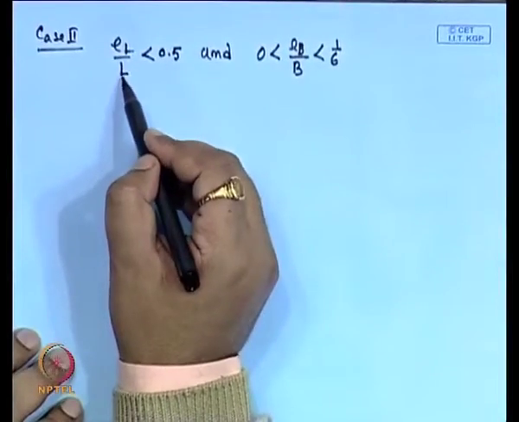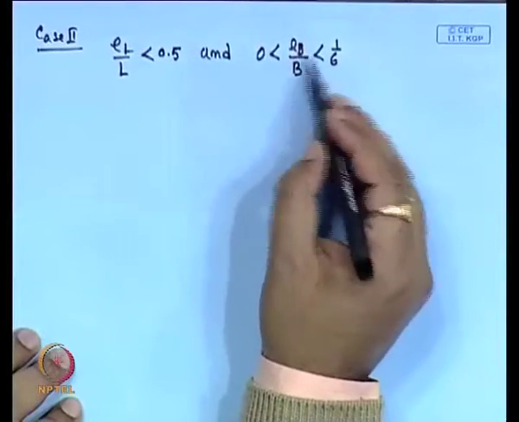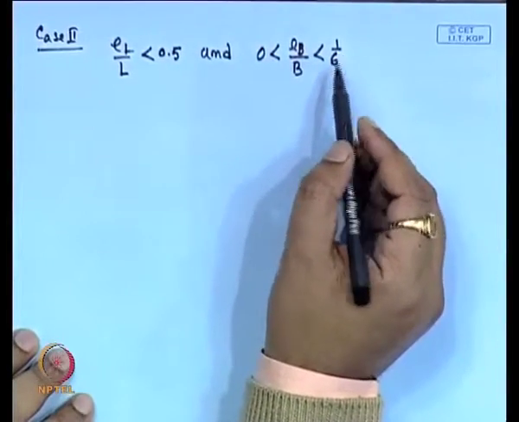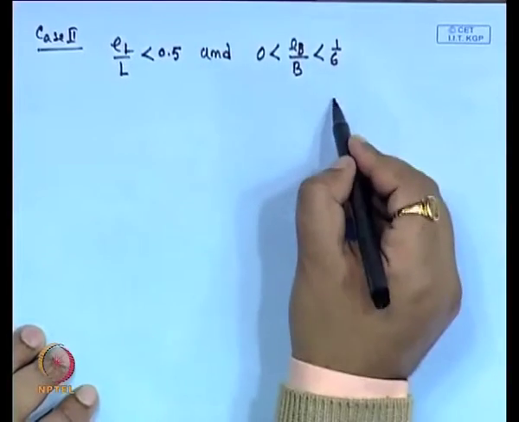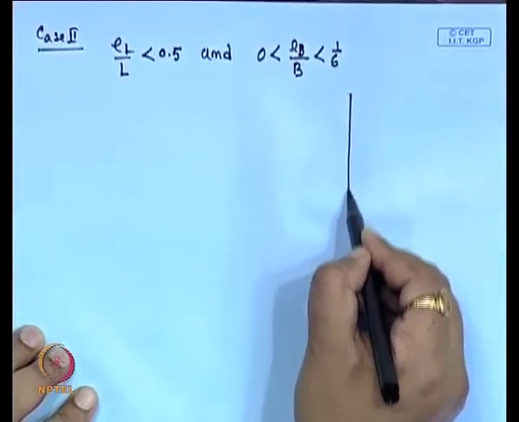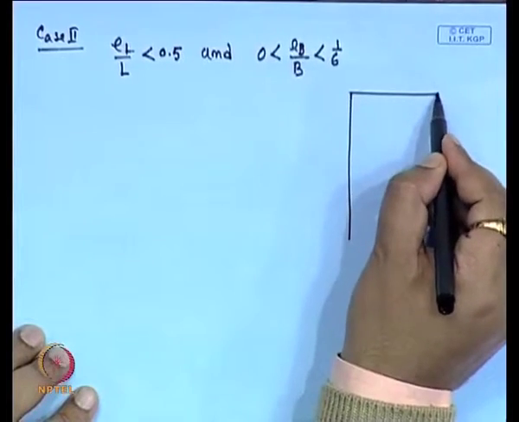So, E L by L is less than 0.5 and E B by B is greater than 0 and less than 1 by 6. In such case, the effective area will be as follows.